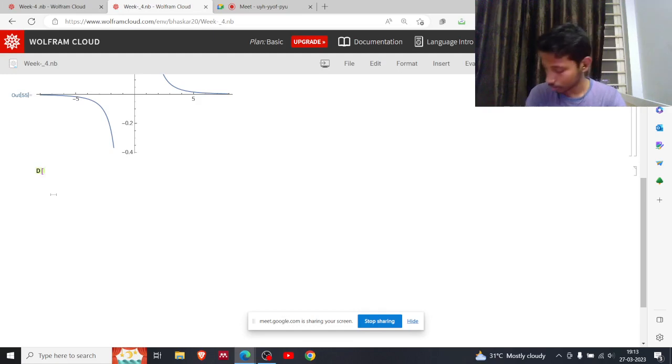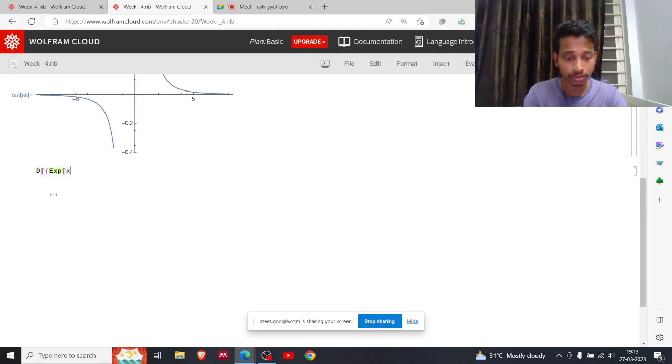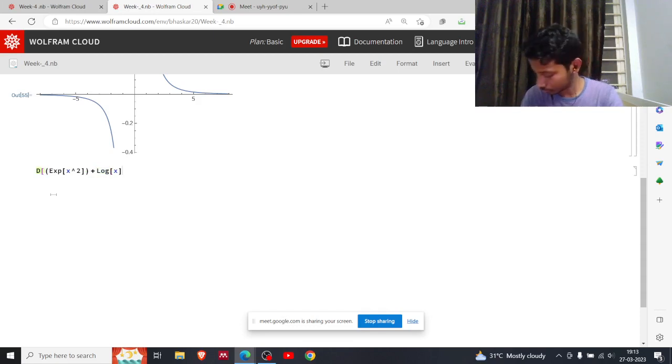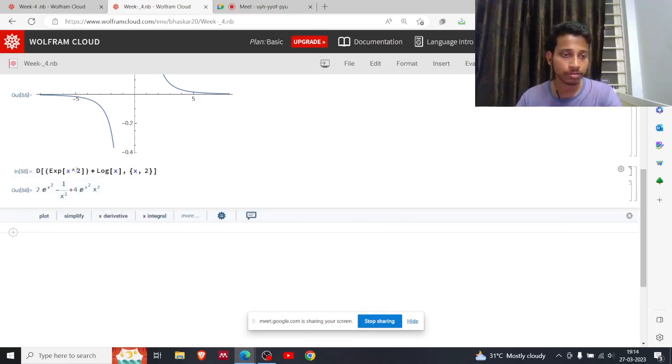Now again take a derivative of a slightly more complicated function, that is exponential of x square plus log x.